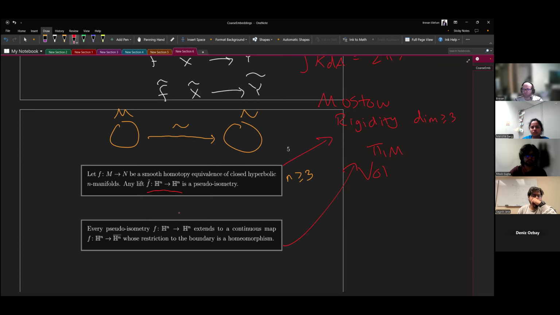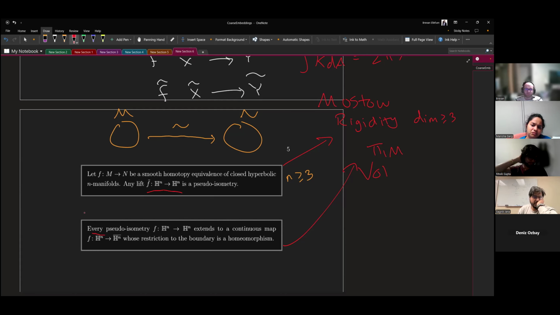The universal covers are, of course, H^n, the hyperbolic n-space. You take those hyperbolic n-space isometries and you extend them to continuous maps. There should be a boundary here. Sorry, a line there. You extend them to the boundary, and you show the restriction to the boundary is a homeomorphism, which gives us all of this restriction.